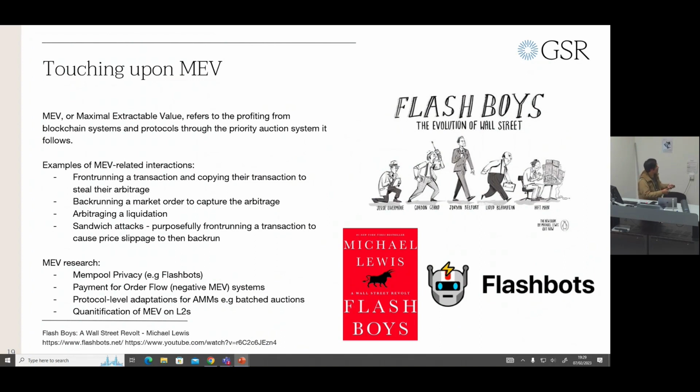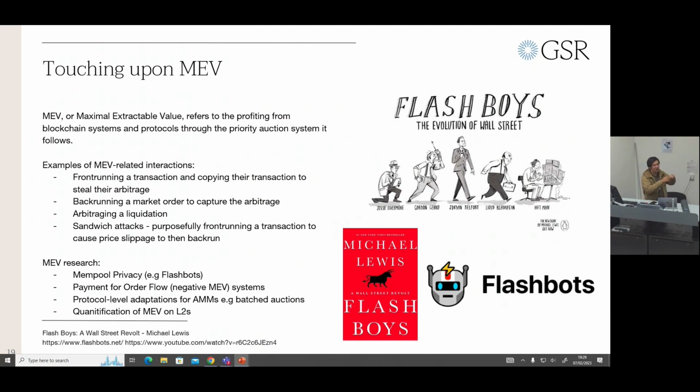You can think of this as front running a transaction and copying what they're doing. If the transaction is going to be profitable and you copy the same transaction and just jump the queue and front run them, then you can essentially steal their profit from them.